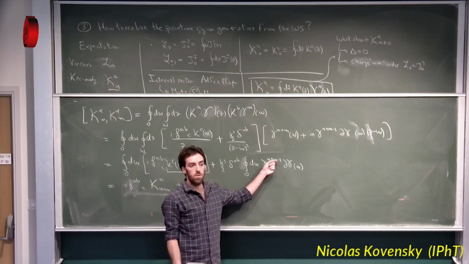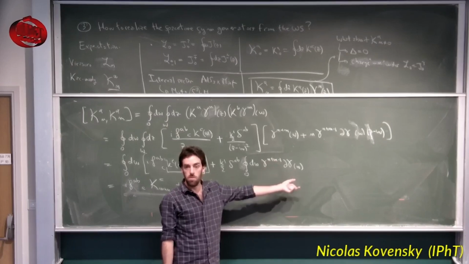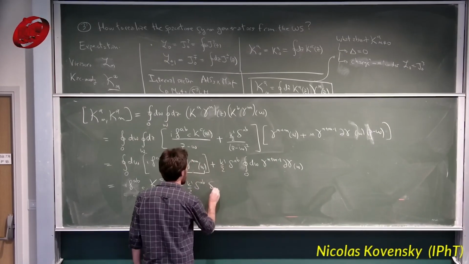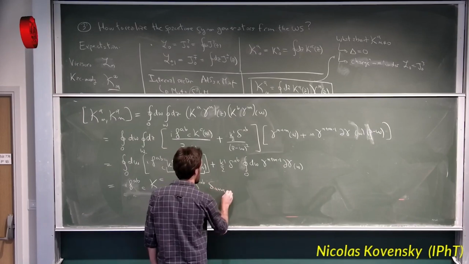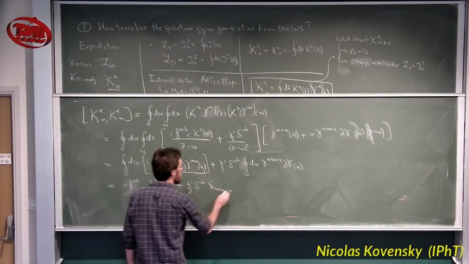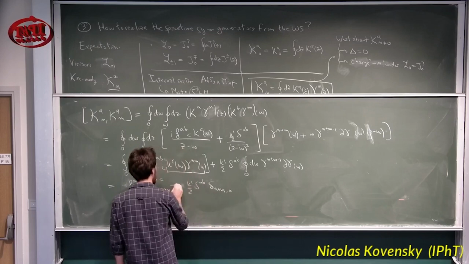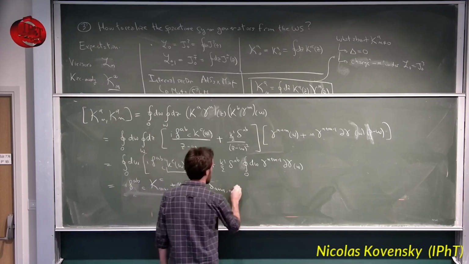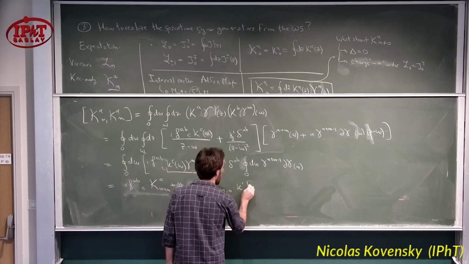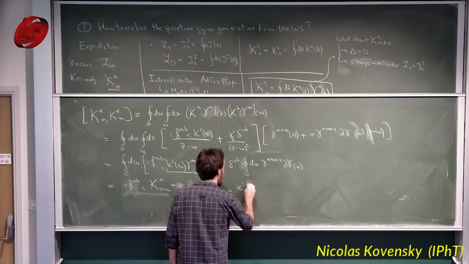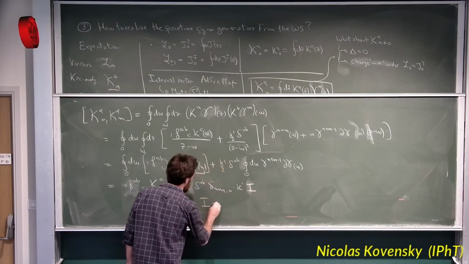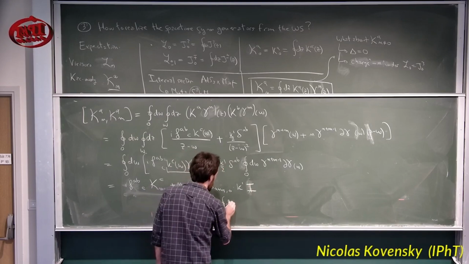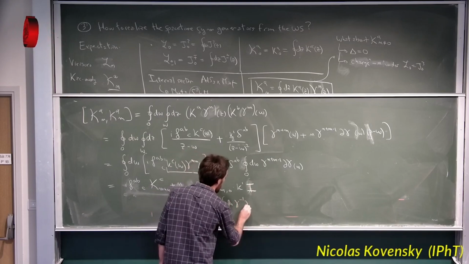And here you get a term which clearly, if n plus m is different from 0, is a total derivative, so the integral gives me 0. I have only a contribution from n plus m being 0. I get an n factor here, like this. And I get a k prime and something I'm going to call I, where I is defined as the integral of gamma minus 1 d gamma.